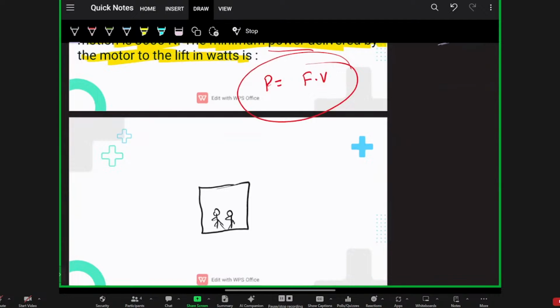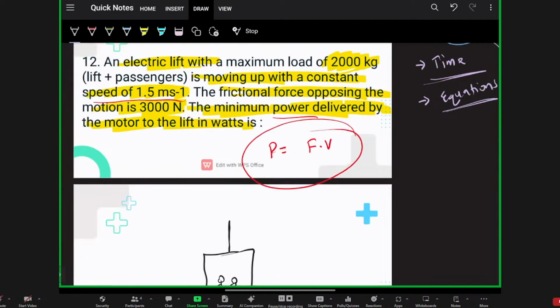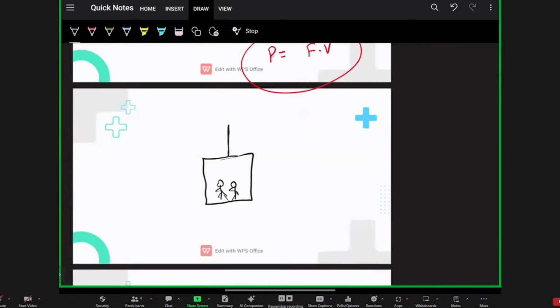The lift has a cable, which is holding the weight. The total load of the lift, that is the lift mass plus passengers mass, including both, is 2000 kg.